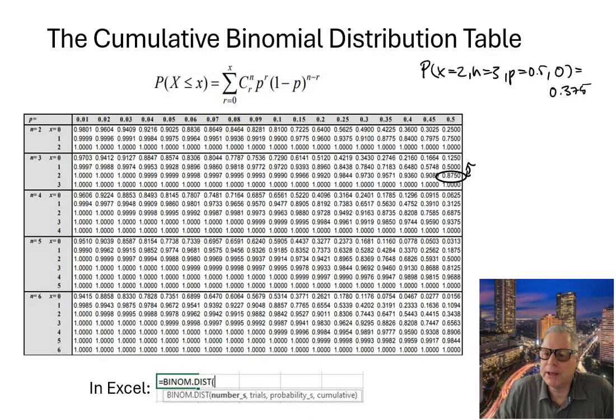So the probability of x equals 2 can also be written as the probability of cumulatively x is less than or equal to 2, with n equals 3, I forgot.